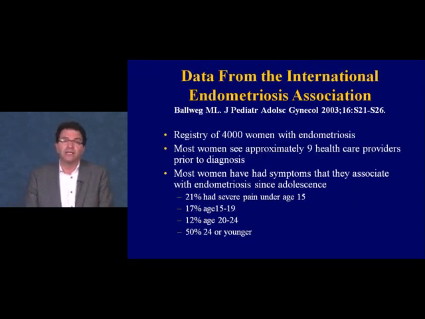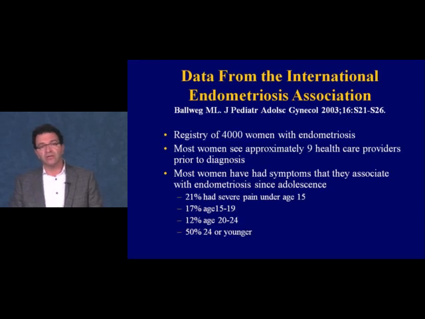In this interesting study, the Endometriosis Association asked 4,000 women with known endometriosis how long did it take to get a diagnosis, and most saw 9 healthcare providers until they had a diagnosis. Also key in this study was that 50% had symptoms before they were 24 years of age.